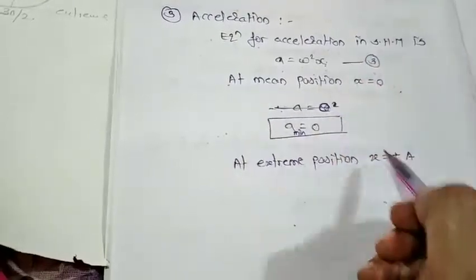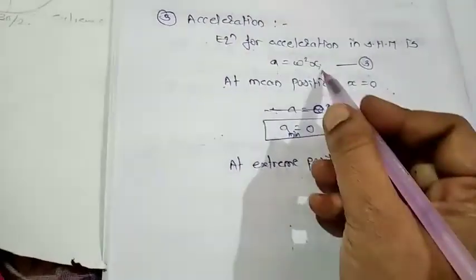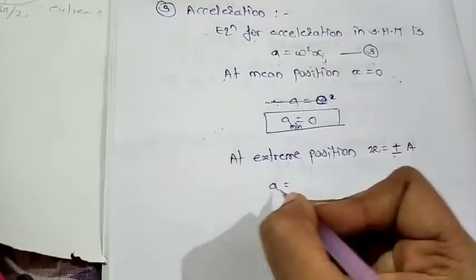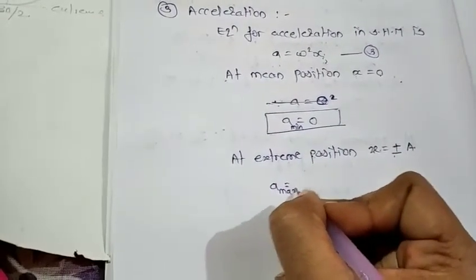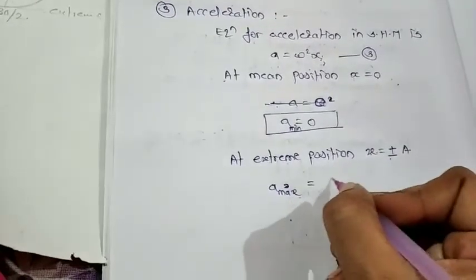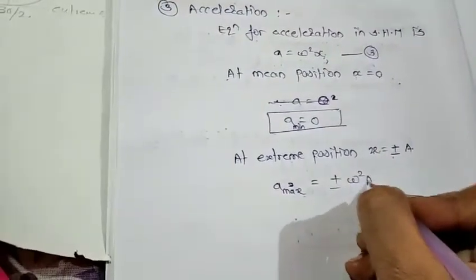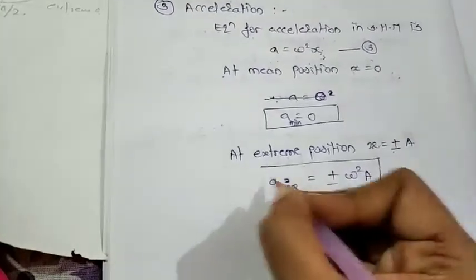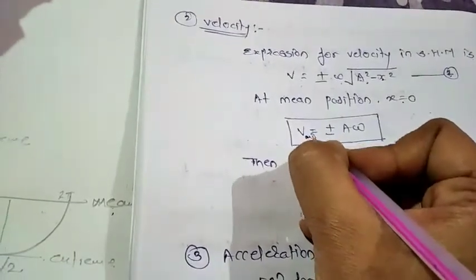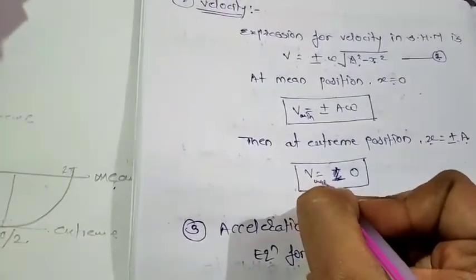So in this equation 3, if we put x is equal to plus or minus a, then the equation for acceleration at extreme position, that is for max, becomes a max is equal to plus or minus omega square a. In velocity it is minimum at the extreme, and acceleration is maximum.